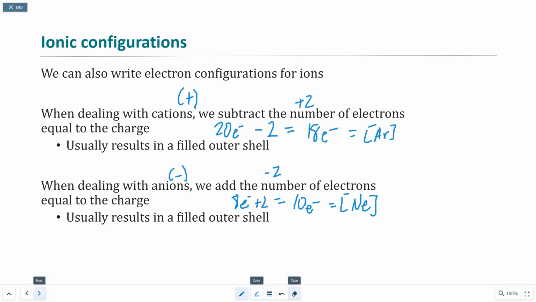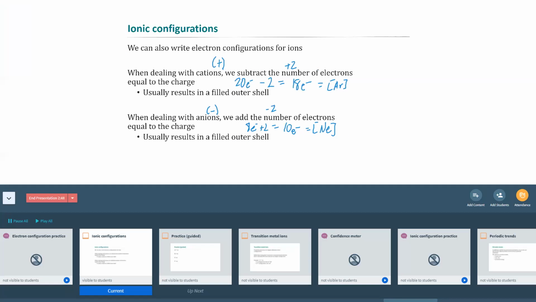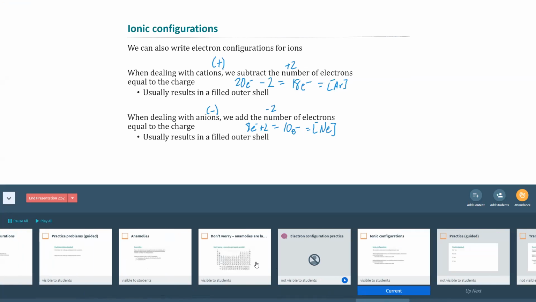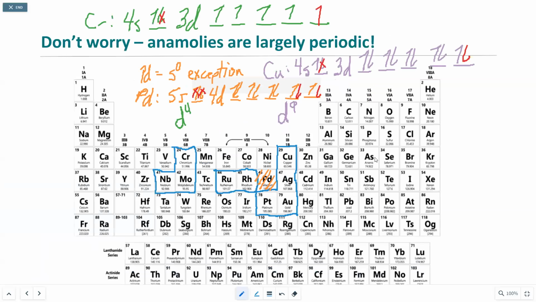We can use the periodic table to the same effect, basically just moving one spot over in either direction to get where we want to go. If I'm at nitrogen and I add 3 electrons to it, I'd go from 7 over to 10.